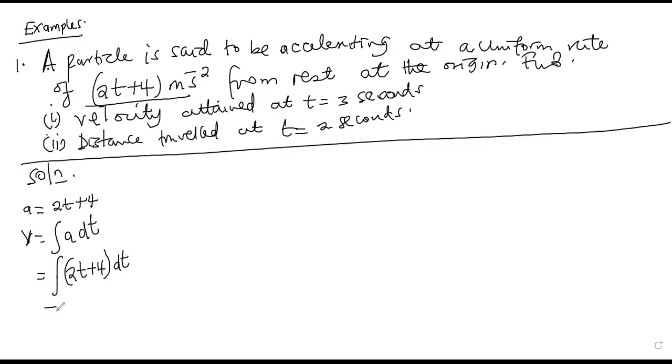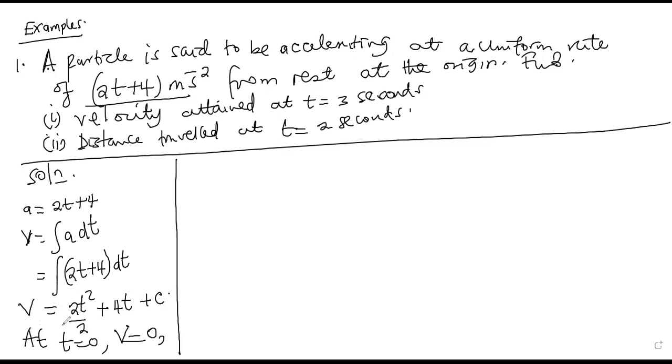When you integrate that, it is 2t squared over 2 plus, when you integrate 4 with respect to time, you get 4t, then of course plus a constant of integration. Now, at time equal to 0, because we need to get the value of c, velocity was also 0. Substituting, 0 equals 0 plus 0 plus c, meaning that c is equal to 0.